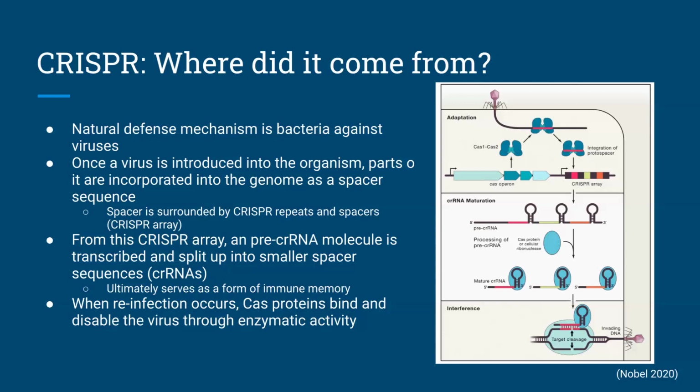And then the crRNA will float around and work against repeated infection. Right. When reinfection occurs, the Cas proteins bind and disable the virus through enzymatic activity. And those spacers, like I said, are important because the Cas proteins don't bind your own genome. They only bind the virus once it's reintroduced. Does that make sense? Cool.